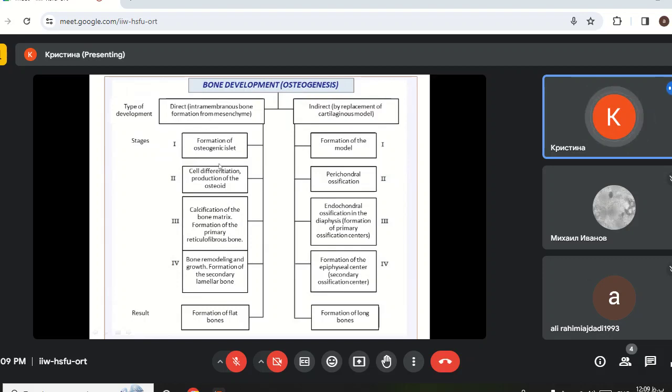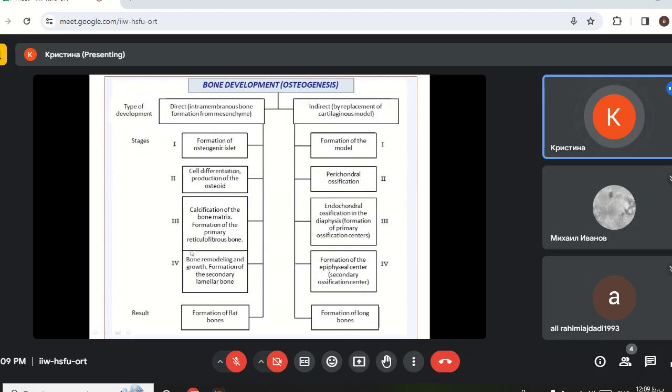So, direct osteogenesis, directly from mesenchyme. The first stage is the formation of the osteogenic islet. It means the mesenchyme cells develop into osteogenic cells, which come close together and form a group of cells, which is called an islet. Then the osteogenic cells differentiate into osteoblasts, which start to produce the osteoid.